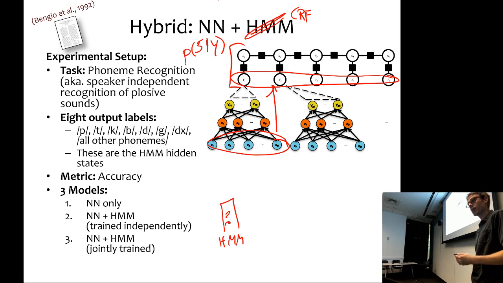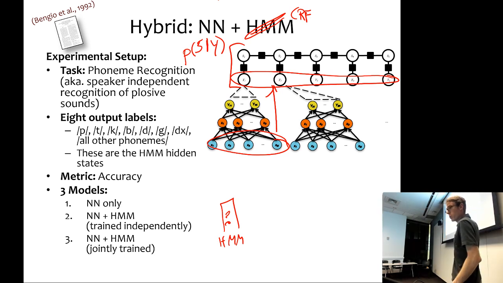Essentially, if you know what the parameters of the neural network are, you know exactly what those y's are.